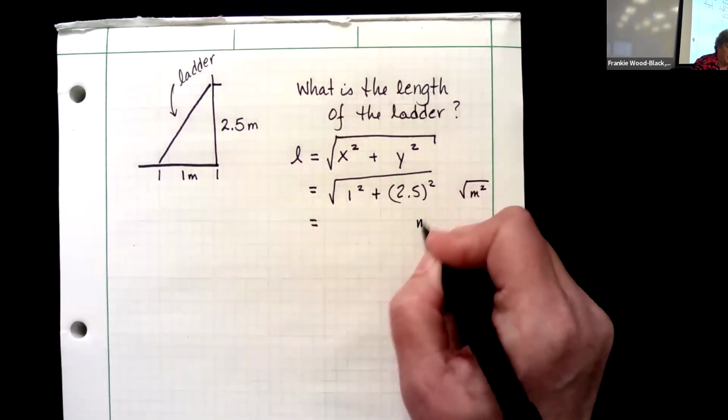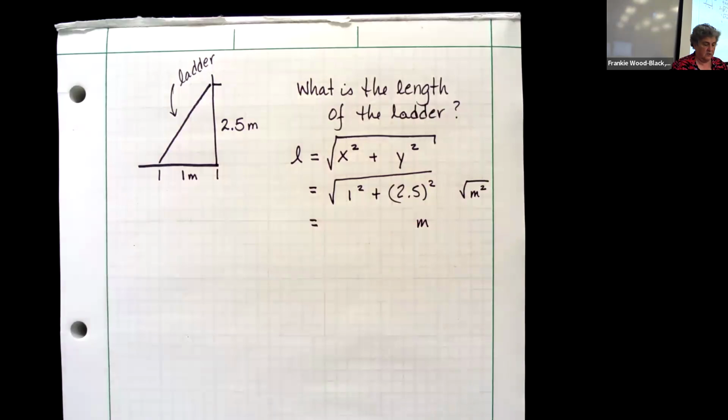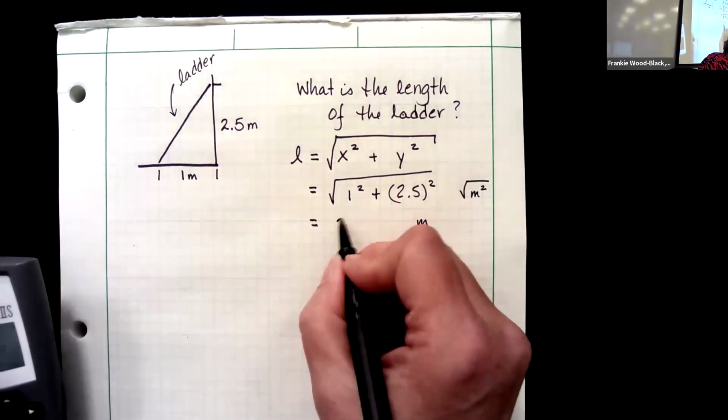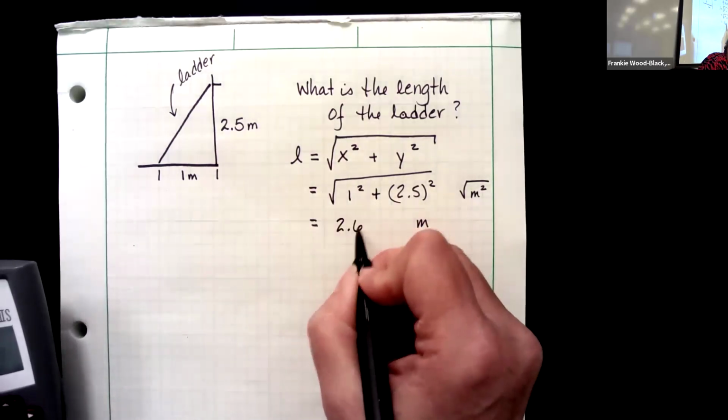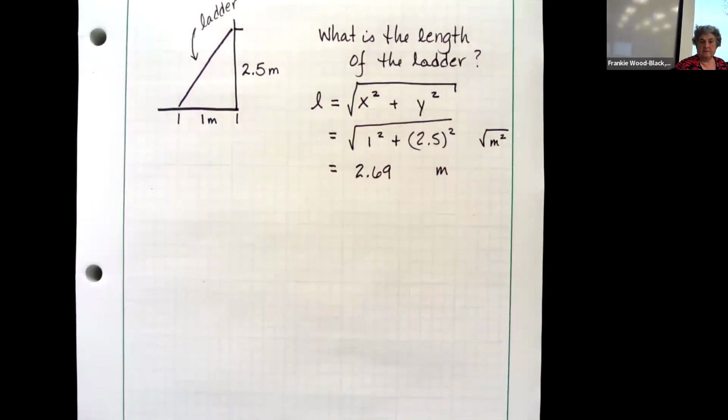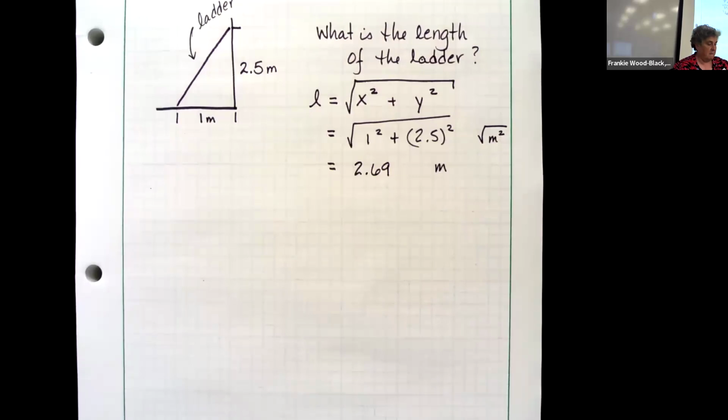So I'm going to end up with meters at the end. So this is an actual real value. So I get 1 plus 2.5 squared. Take the square root of that. And the length of my ladder is going to be 2.69 meters. Okay.